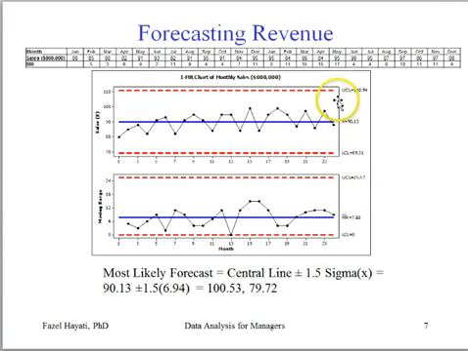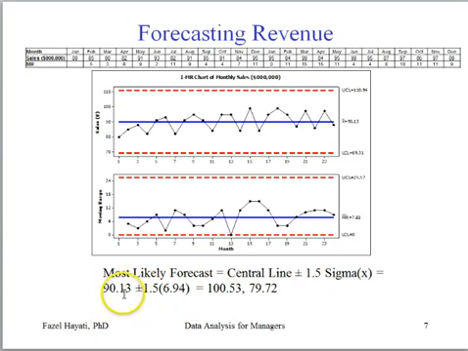Since approximately 85% of all the observations from a predictable process fall within the middle 50% of the limits, we can produce a most likely forecast of the central line plus or minus 1.5 sigma.